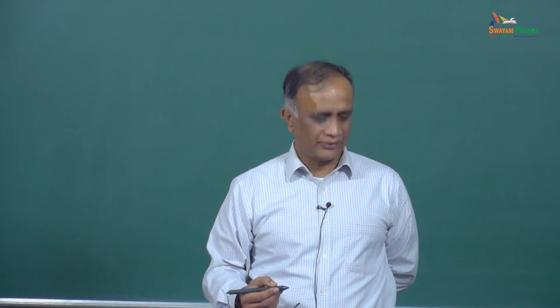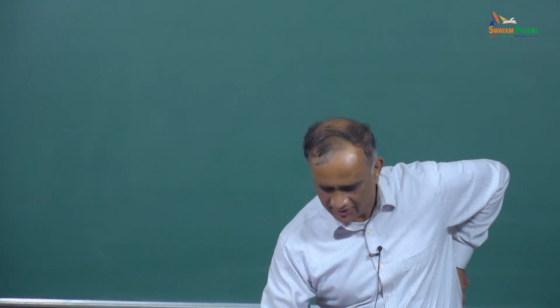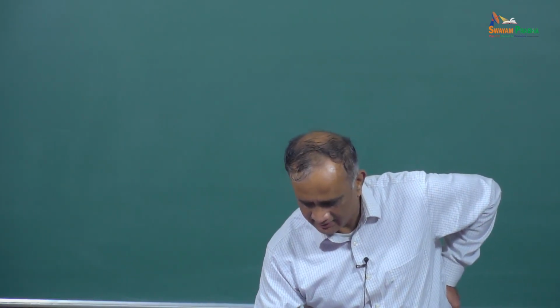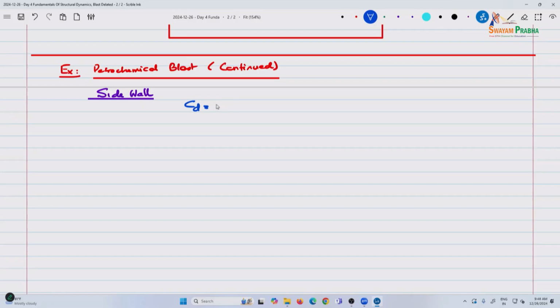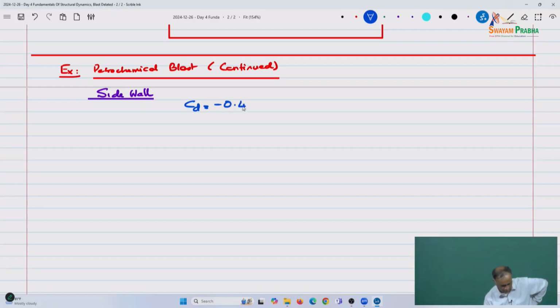So CD, for a side wall, CD, as you know, is minus 0.4, and then you had the length of the wall divided by L1.